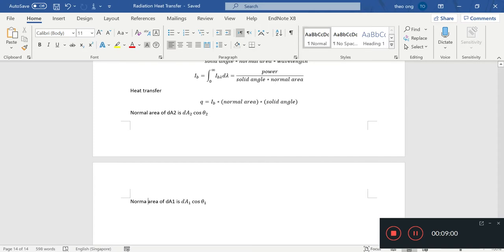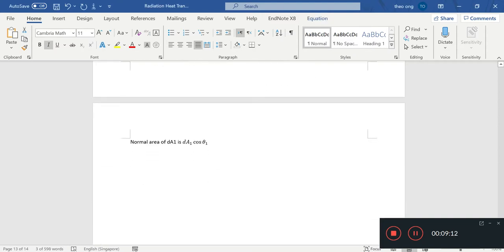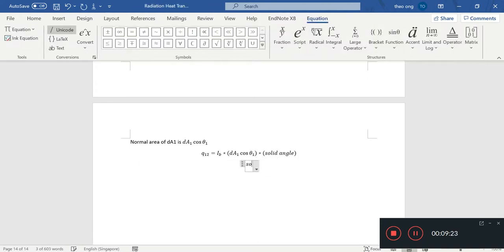Let's say we want the heat transfer from 1 to 2. So the normal area of A1 will be dA1 cosine theta 1. And what is the solid angle? As we have found out before, solid angle equals dA divided by r squared.